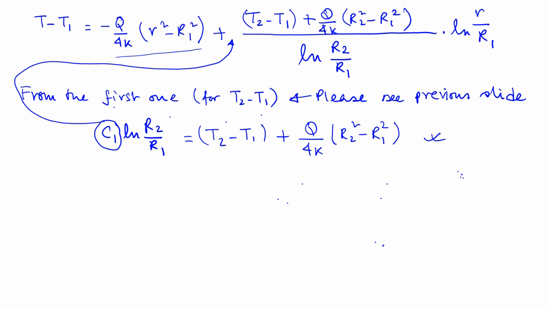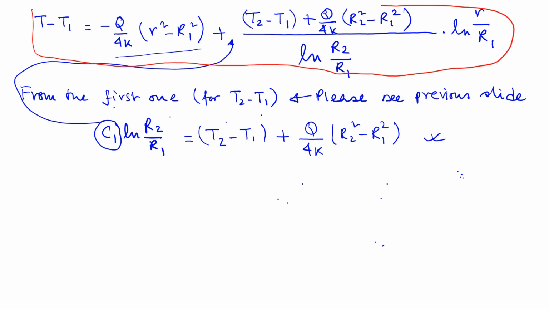So this now is my solution. It's T, the dependent variable, as a function of r, the independent variable.